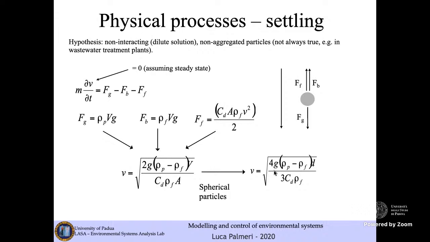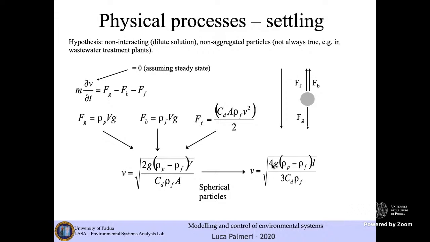So for a spherical particle, we may write that the settling velocity is equal to the square root of 4 times g, the gravitational acceleration, times the difference between the density of the particle and the density of the fluid, multiplied by the diameter of the particle, divided by 3 times the drag coefficient and the density of the fluid.